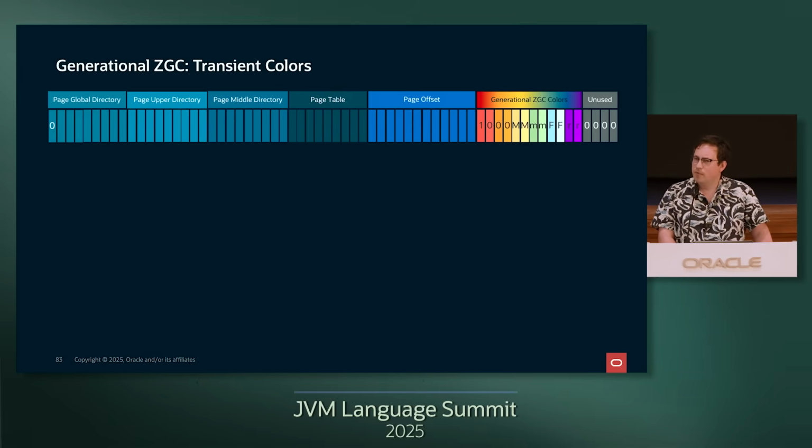We want to remove all the colors, right? So we have to remove everything up until that 1, which makes sense when the color is 1000.